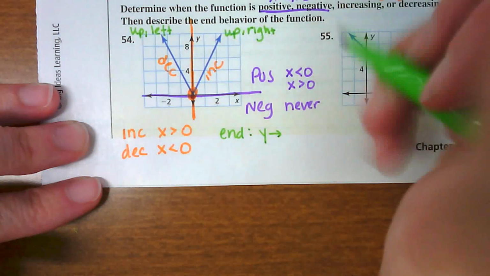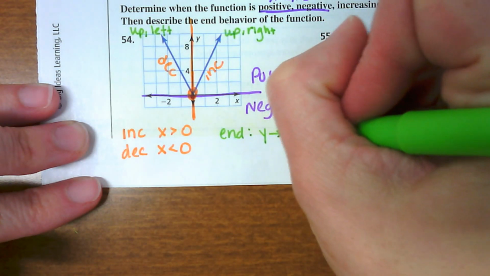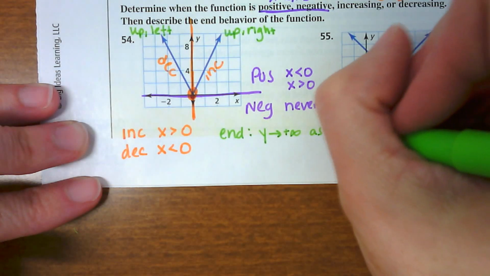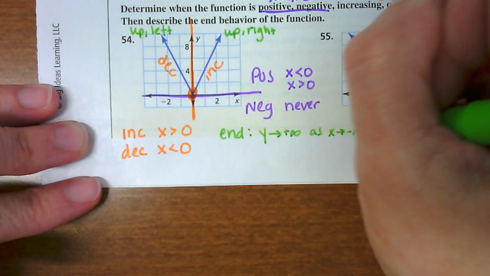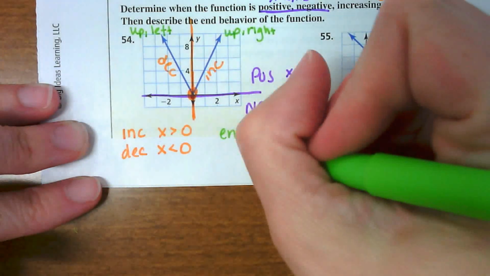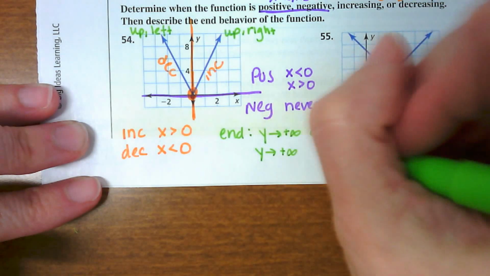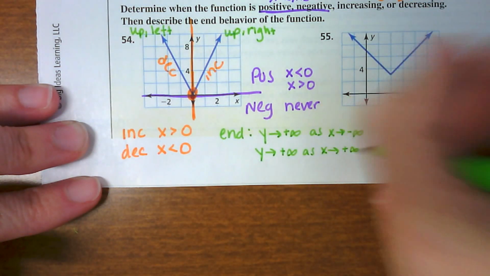If I want to talk about this side, up is positive infinity, as x goes left, left is negative infinity. And now the other side of the graph, y goes up as x goes right.